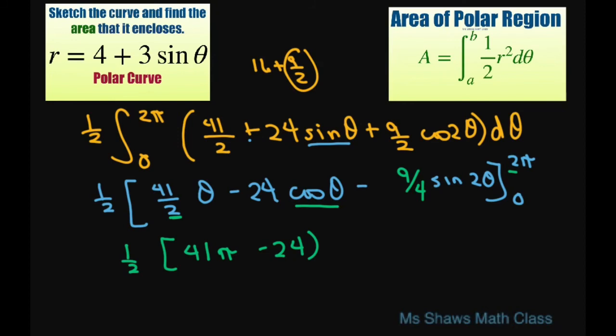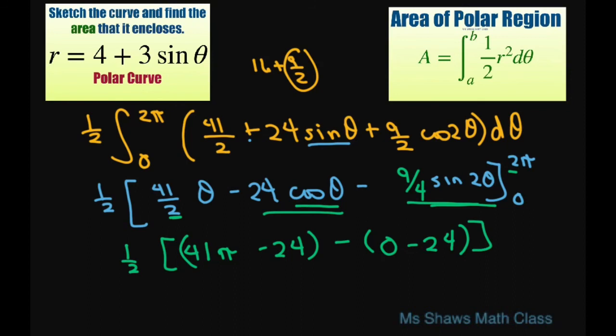All right. And then this is going to be 0. And then for 0, you're just going to get minus. This is going to be 0. This is going to be minus 24. All right. And this is going to be 0.